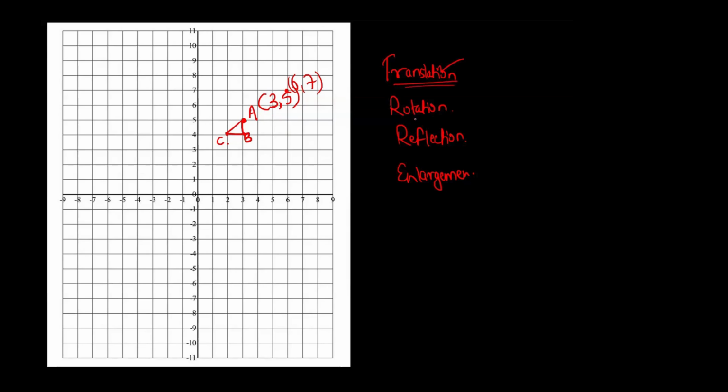For geometric transformation, next is rotation. You are rotating it. Once again, let us pick a point A. Point A coordinates were 3 comma 5, isn't it? So rotation means what? Let's say you are sitting here. If I ask you, Rohan, please rotate 90-degree clockwise, where will you go?